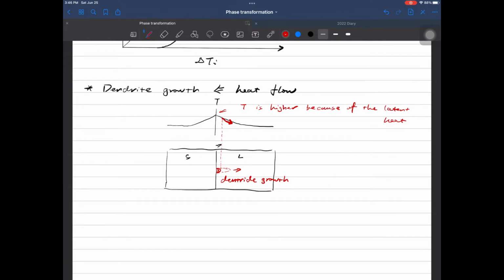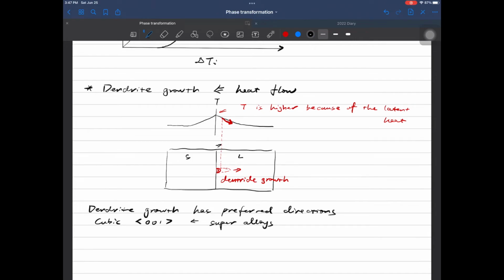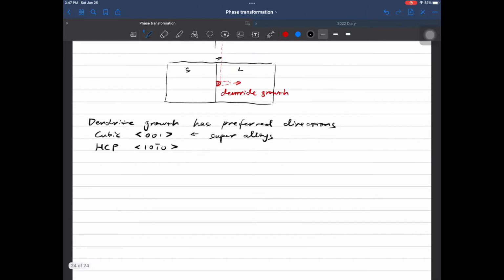Dendrite structures are also commonly found in welds, especially in the fusion zone, as well as 3D printed metals. One thing I'd like to draw attention to is that in most cases, the dendrite growth has a preferred crystallographic orientation. In cubic metals, the growth direction is usually 001, as you can see in many superalloys. For HCP metals, the growth direction is usually 101̄0.